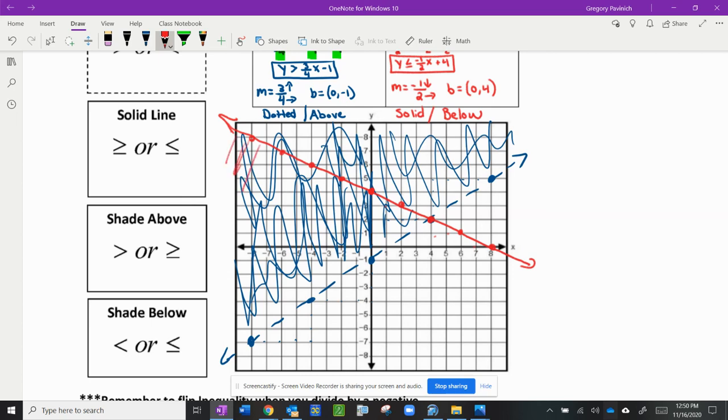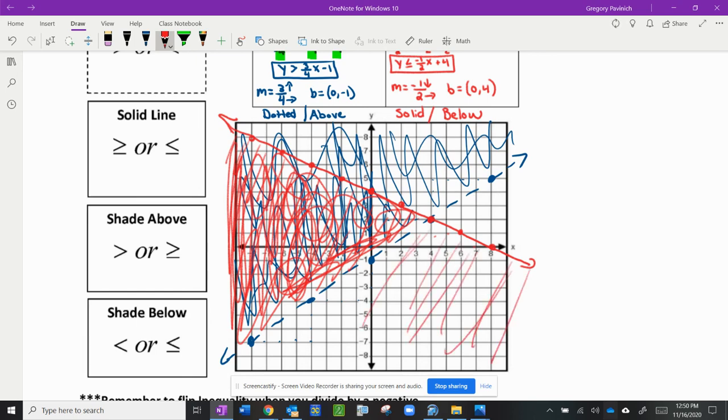So as I'm shading below, notice as these blue and red shading marks meet up, that is where the XY coordinate points that will work for both equations. That's where those answers lie. So this is my area. Notice as I shade more below this line, it doesn't match up with that blue solution area.